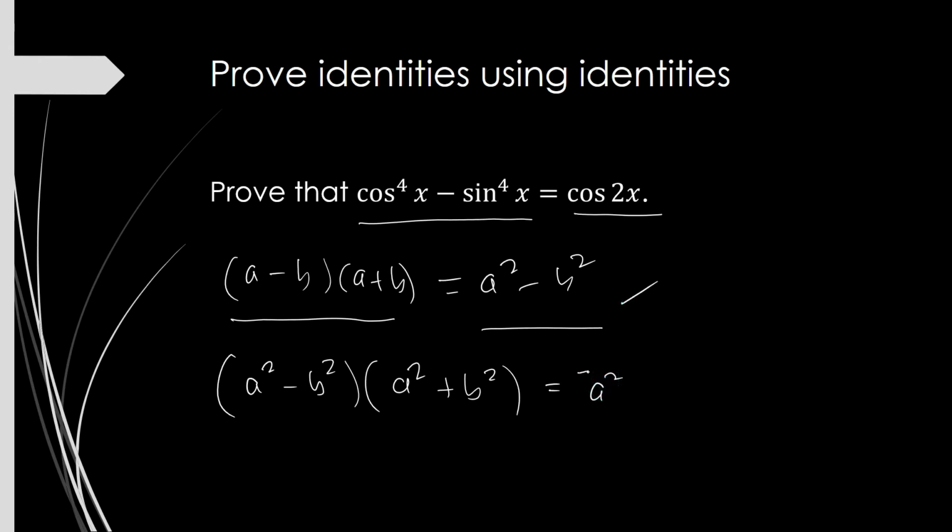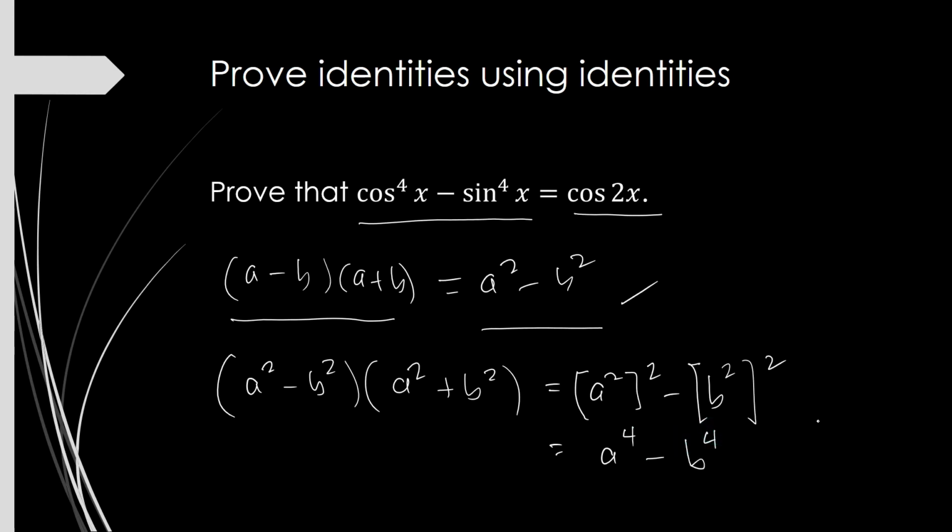This is a squared and you square it again, minus b squared and you square it again. And what is this equal to? It's equal to a to the fourth minus b to the fourth.